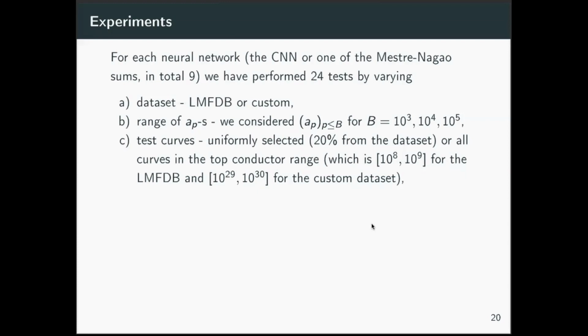In the other mode, which I would call the top conductor range, we considered all the curves in some top conductor range, and we trained the models on the curves in the range below this top conductor range. So in this mode, we see how what the network learned generalizes to this area where it was not trained.